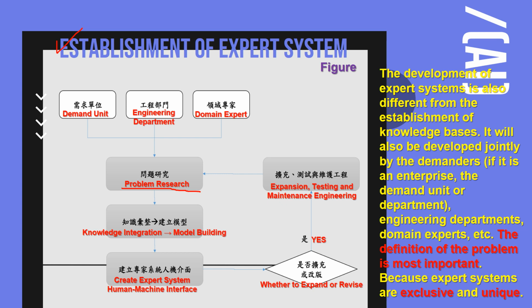Then they will create the expert system human-machine interface. On this one, they will check whether to expand or revise. If yes, the expansion, testing, and maintenance engineering. Sometimes in information systems they call this the loop. The purpose of the loop is to make the system sharper and more applied. Okay, let's move on.